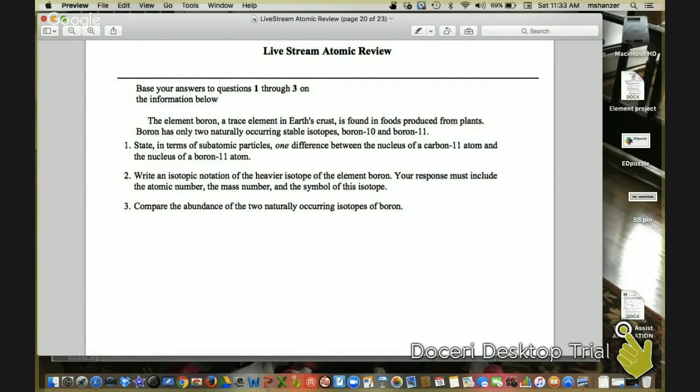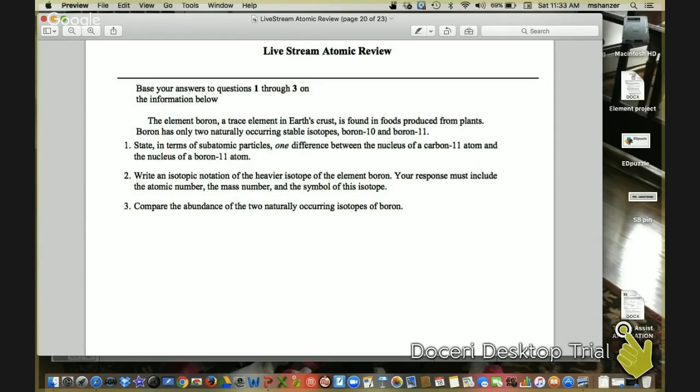So if you have the periodic table, take a look at it. It is 10.81. And when we talk about a question that's comparing abundances like this question, we look at the isotope that has the larger mass number. I'm sorry, we look at the isotope that has the mass number that is closest to the element's atomic mass found on the periodic table. In this case, it is the isotope with the larger mass number, which is boron 11.